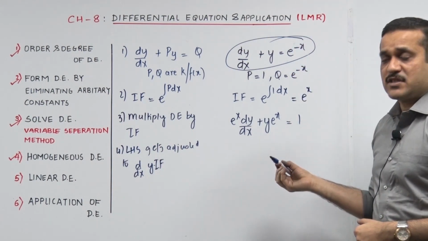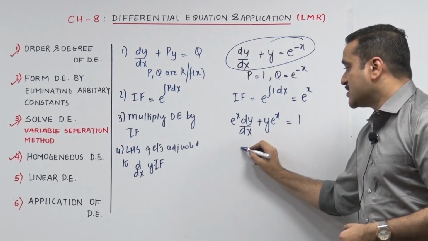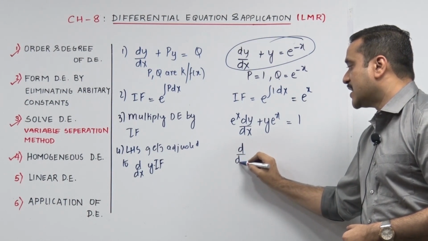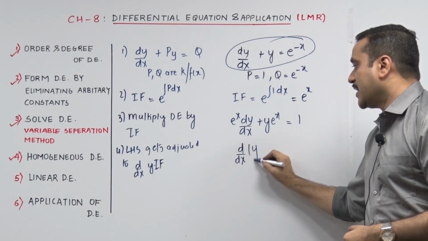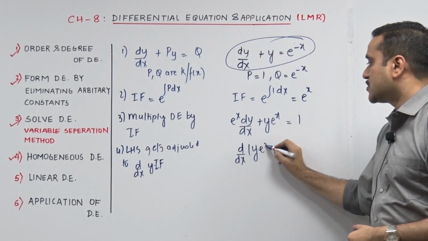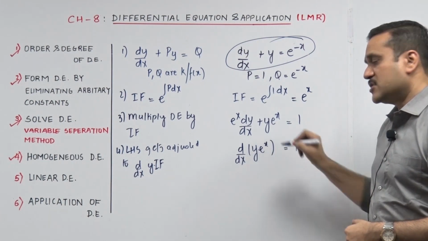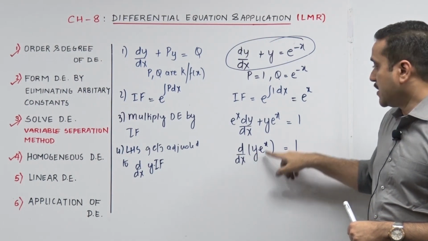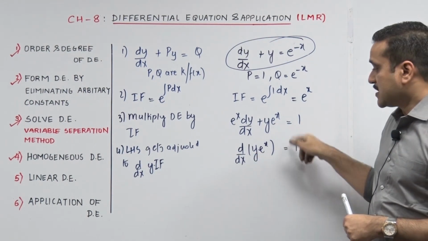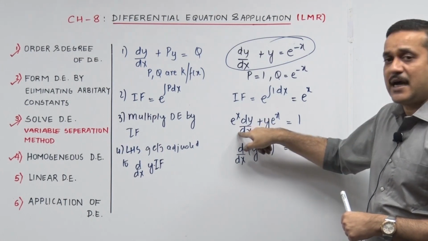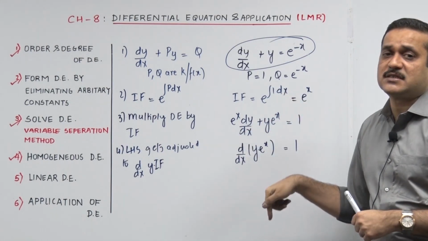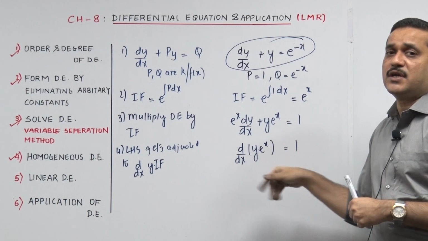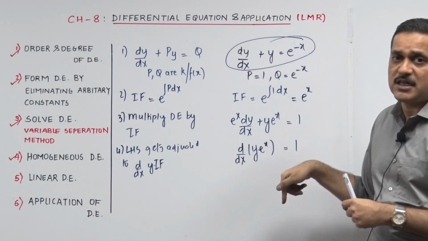Is that the case which has happened over here? Did the left hand side get adjusted to derivative of y into the integrating factor e raised to x? Check for yourself. Check the derivative of that. Y into the derivative of e raised to x, plus e raised to x into the derivative of y. The left hand side did get adjusted to the derivative of y into the integrating factor, which in my sum was e raised to x.